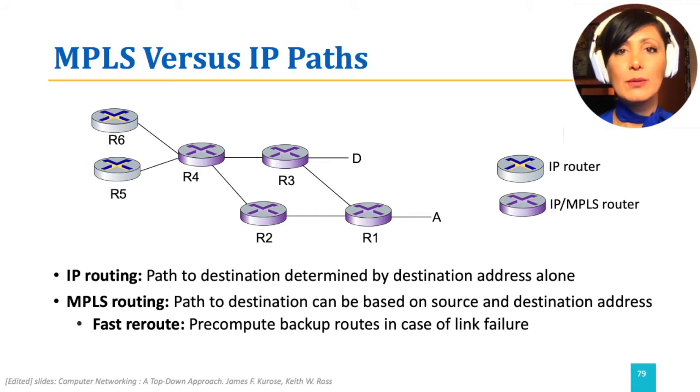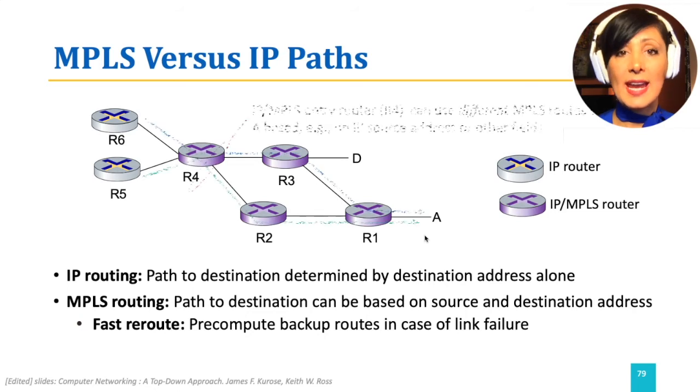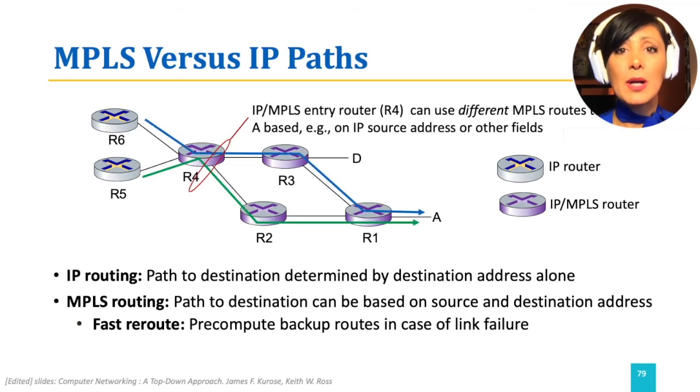For example, in the figure, IP MPLS entry router R4 can use different MPLS routes to A based on, for example, IP source address or other fields. The process of using an alternative path in case of link failure is enhanced using a mechanism called fast reroute. The pre-computed paths that are stored in the MPLS-capable routers are used for this purpose.